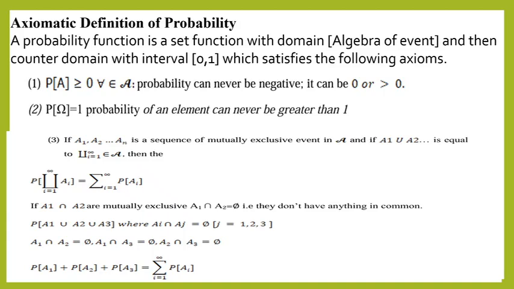Also, for A1, A2, A3 where Ai intersection Aj is null, the probability of A1 plus A2 plus A3 is equal to the summation of the probabilities of Ai.